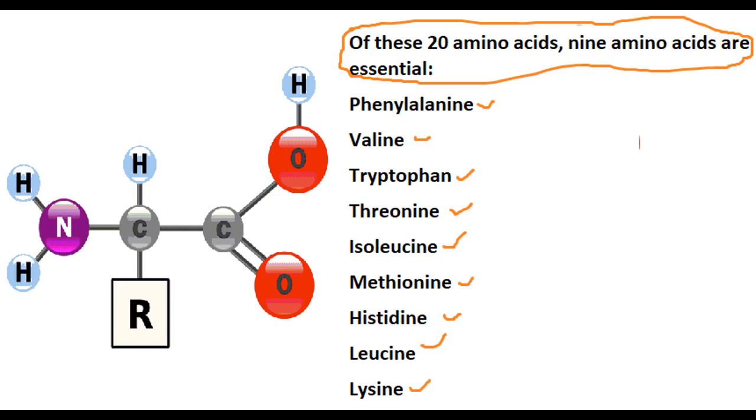Of these 20 amino acids, 9 amino acids are essential: phenylalanine, valine, tryptophan, threonine, isoleucine, methionine, histidine, leucine, lysine.